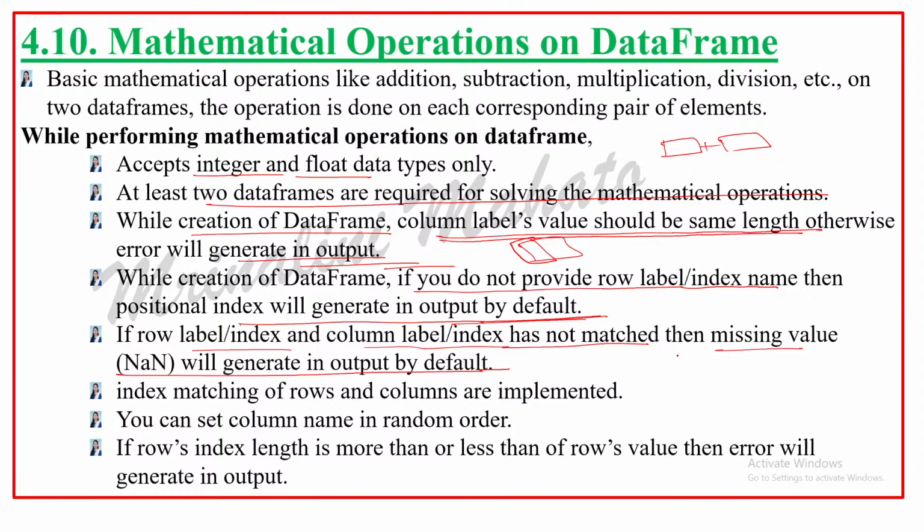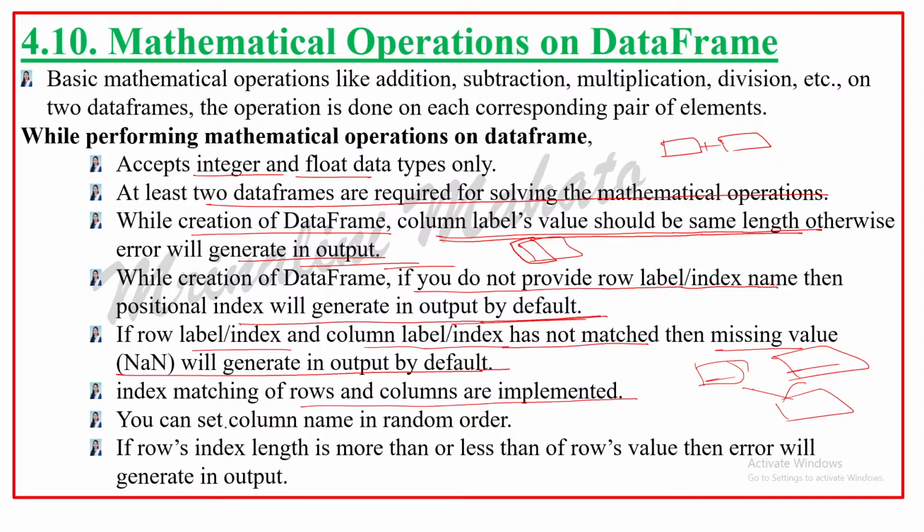Whenever you solve a mathematical operation, at that time if the index of the first data frame and second data frame do not match in rows and columns, then NaN will generate. That one I will tell later, just a few minutes later. Index matching of rows and columns is implemented. If it does not match, then output will not generate. So that is why it is compulsory. That means common rows and common columns are required.